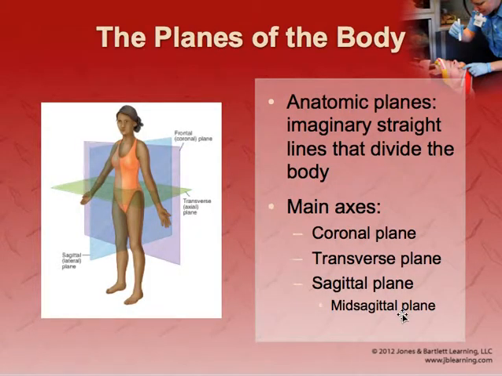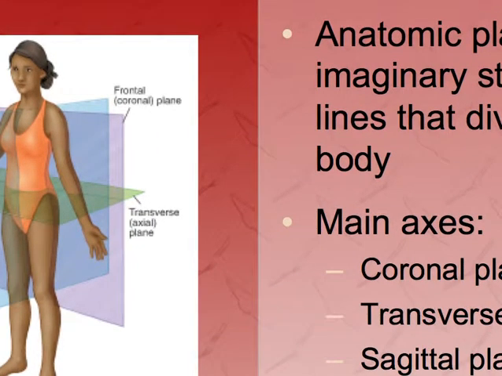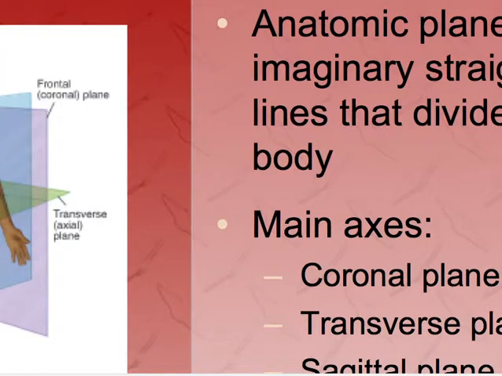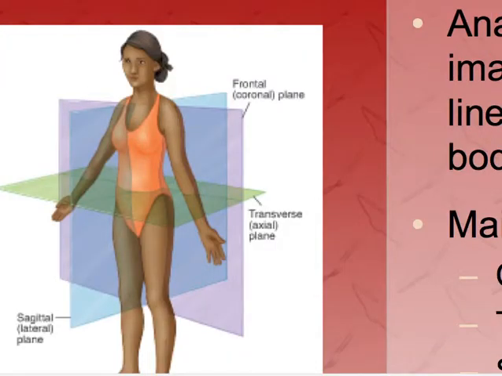Now I want to talk about some planes of the body, because the body is divided in planes. Here we have the sagittal plane. If you can see, it goes all the way up through the middle of the body, dividing the body in half.